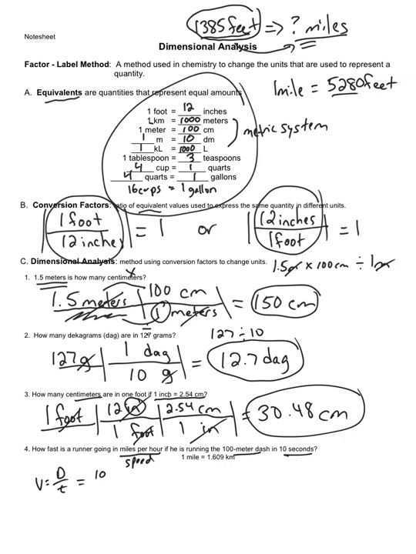So if the race is 100 meters and it takes 10 seconds for this runner to run it, their average velocity throughout the course is 10 meters per second. Now, whenever we have a per quantity, I always get in the habit of writing meters over seconds. This means meters per second.